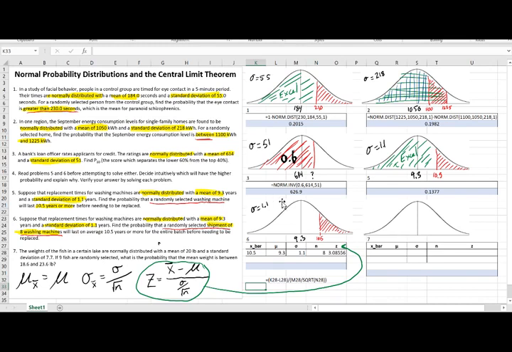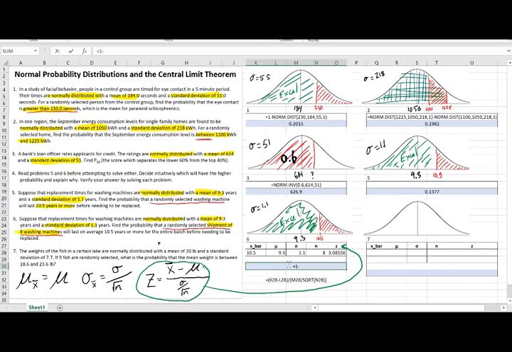And we want the red area, so that's 1 minus the green area. Now again, I know we've stated it a couple of times already, but Excel can give us this. So our red area should be 1 minus the green area.